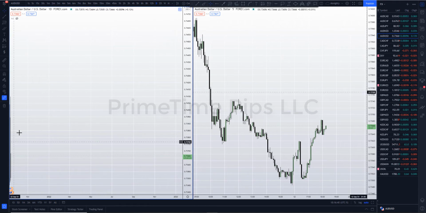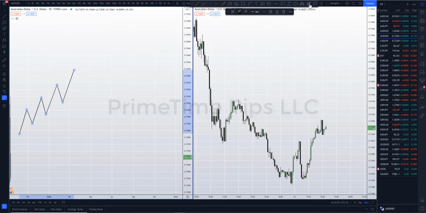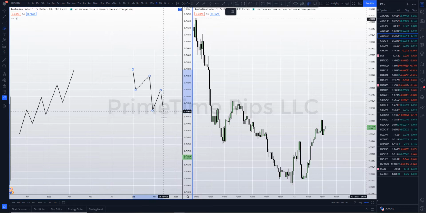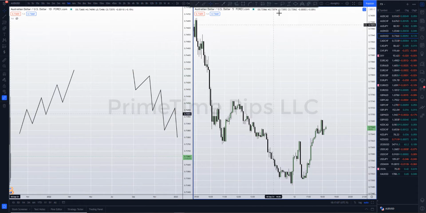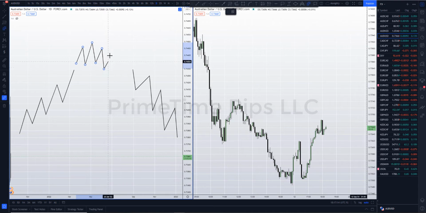So to identify what trend the market is in, I'm sure you guys are aware that we have uptrends and we have downtrends, and we also have what we would call consolidation, where the market is ranging sideways.